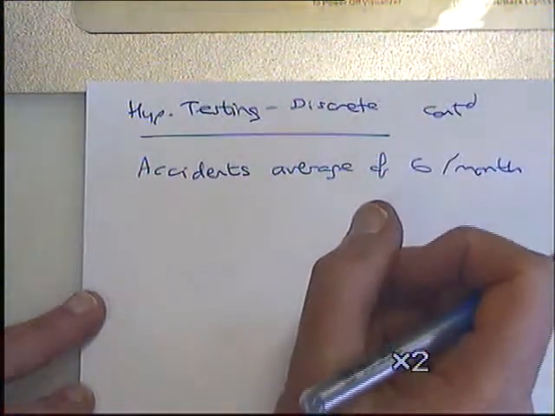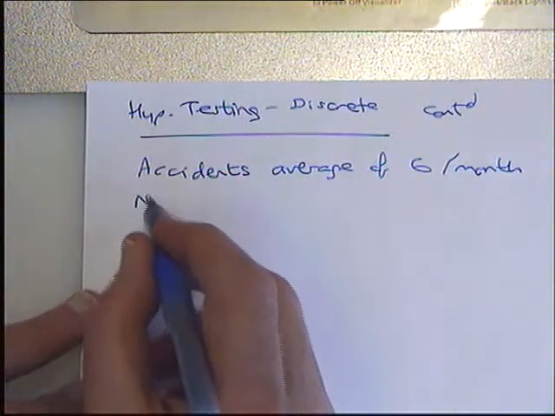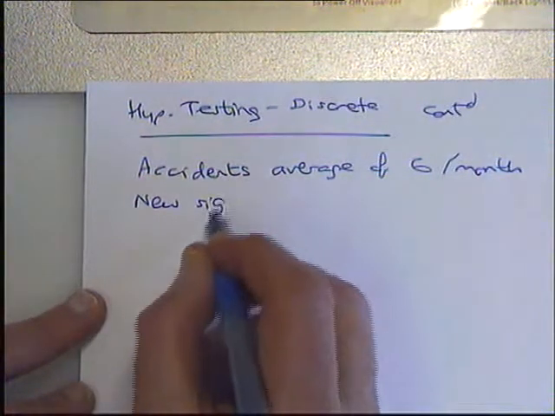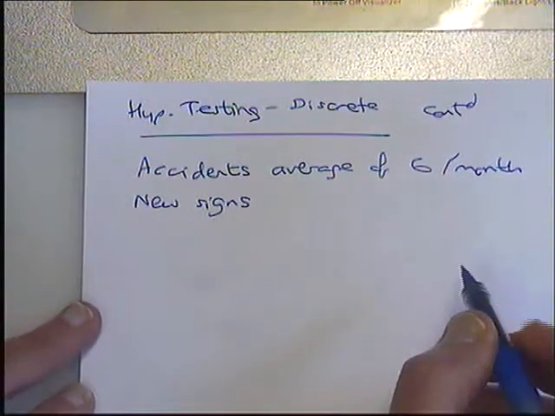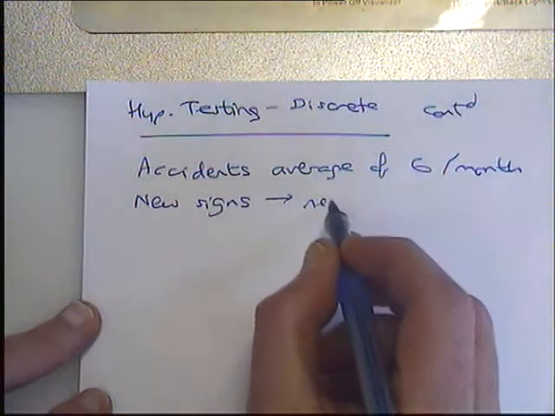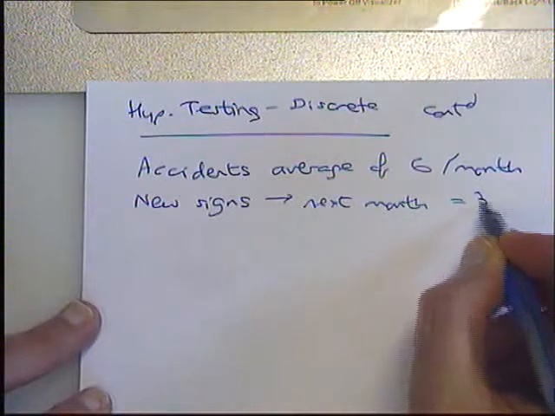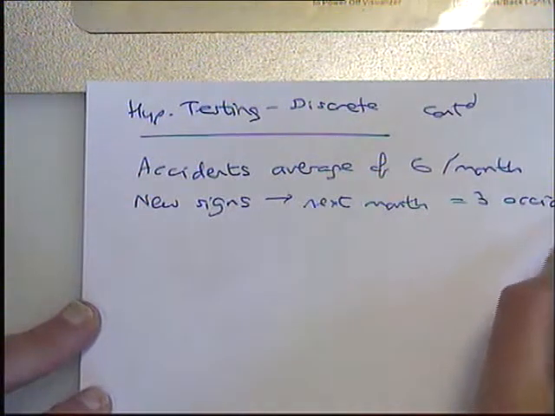We've called this going to be road accidents that happen somewhere. The council weren't very happy, so the council put up new signs. And then, after the signs went up, in the next month, there were 3 accidents.